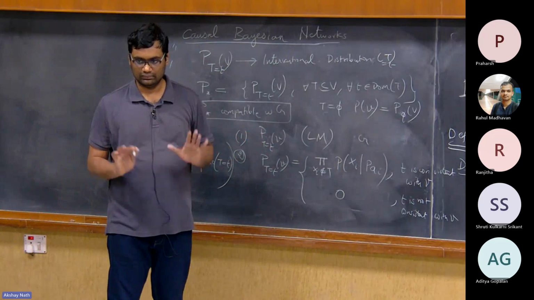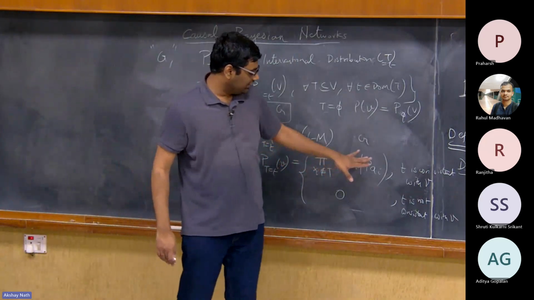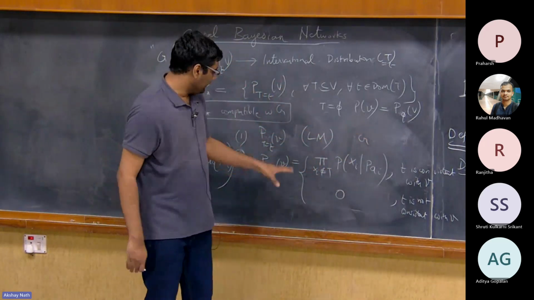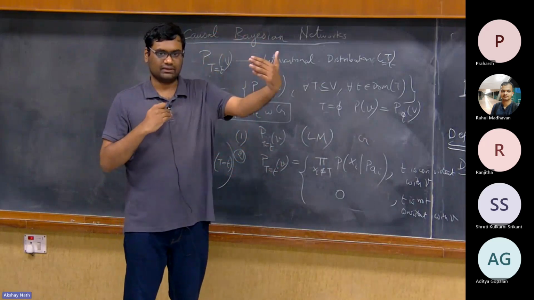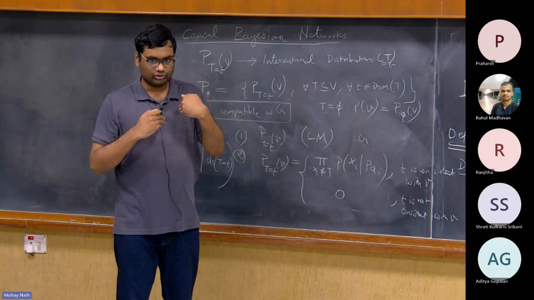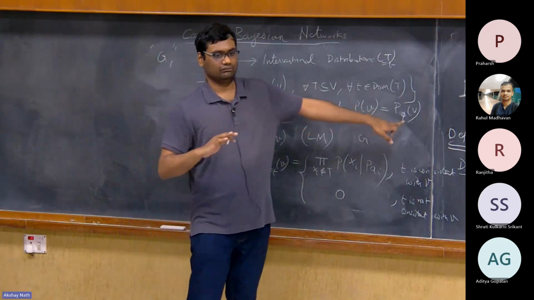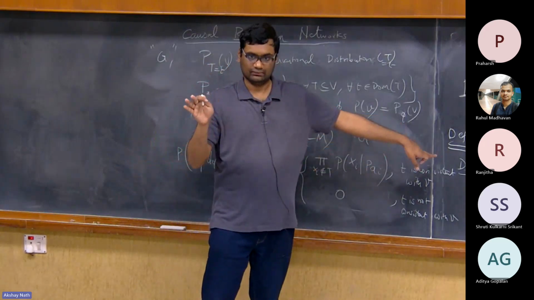Is it clear? So here I am giving you a very different interpretation of the local Markov condition. I'm saying when I intervene on anything else, if I don't belong to the interventional set, my conditional distribution remains as it is, and it's equivalent to the observational one. The observational one has all the conditionals. It's the only thing that has all the conditionals.